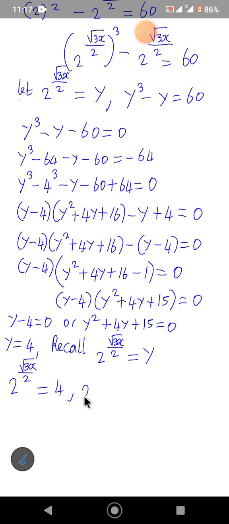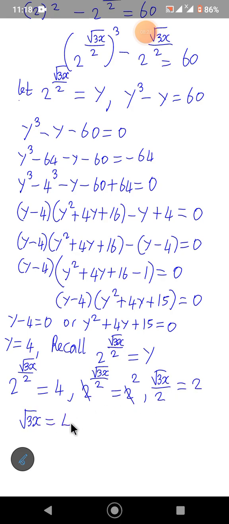Then next step, 2 raised to the power of the square root of 3x all over 2 will be equal to 4, and 4 is the same thing as 2 raised to the power of 2. Now they have the same base, so the base will cancel out, and we're left with the powers. So the power, square root of 3x all over 2, will be equal to 2. Now the next thing will be to cross multiply, that is this 2 will multiply 2 here, so we have the square root of 3x equal to 2 multiplied by 2, that's 4.